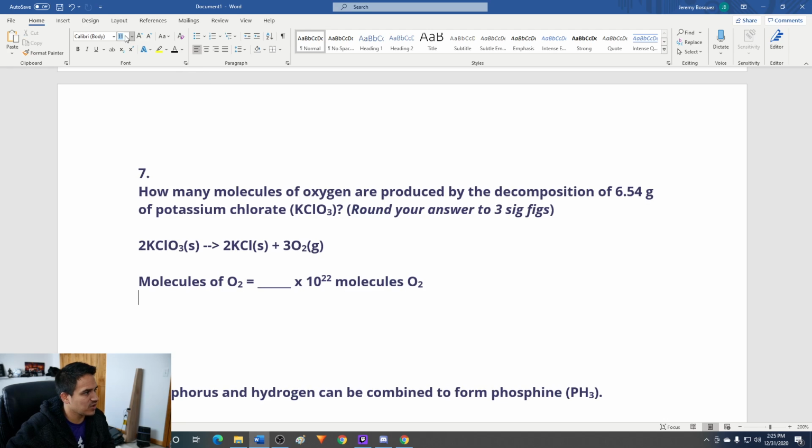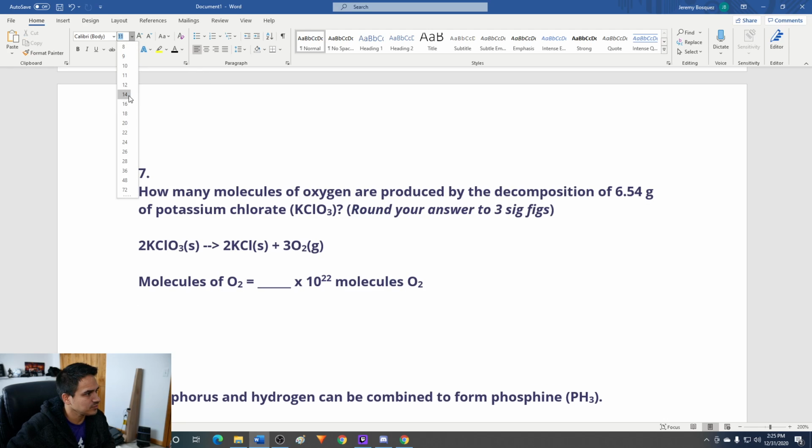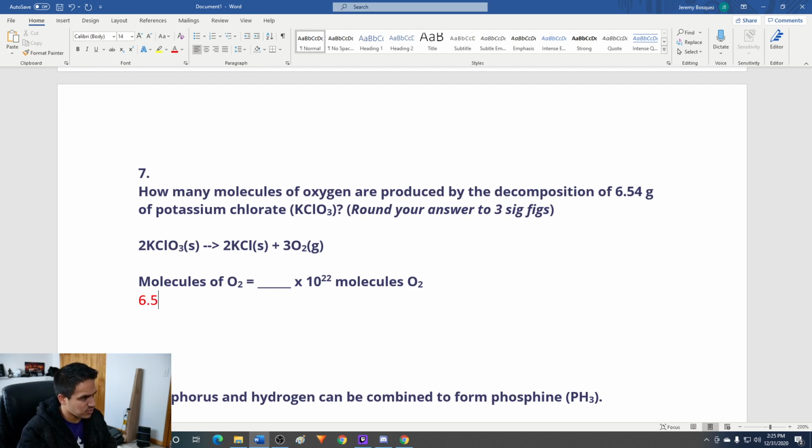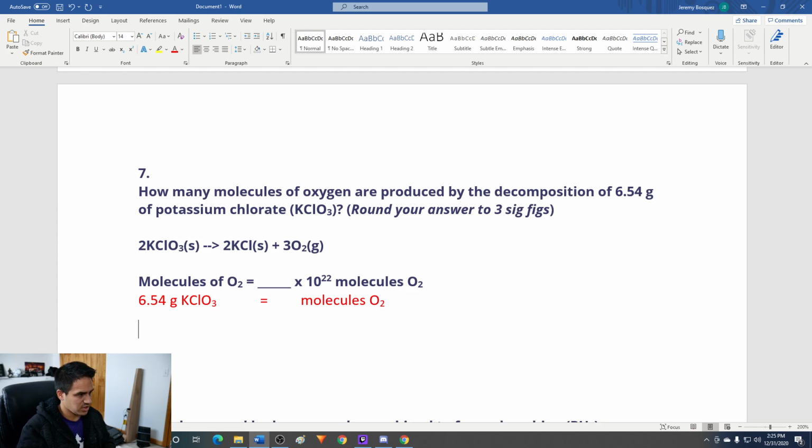So we're starting with 6.54 grams of KClO3, and we are going to get into molecules of O2. Step 1, convert grams of KClO3 into moles.